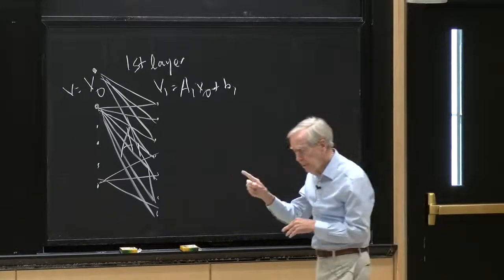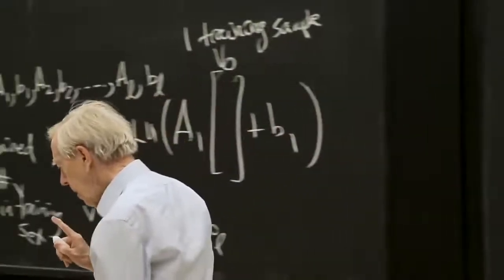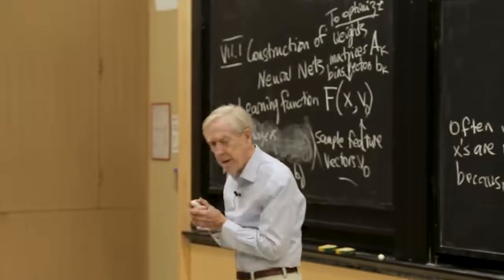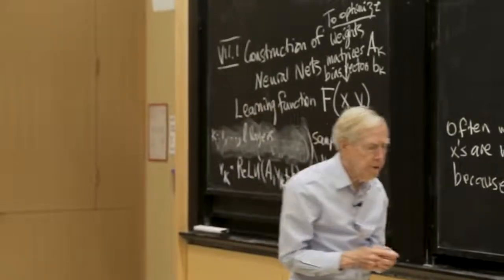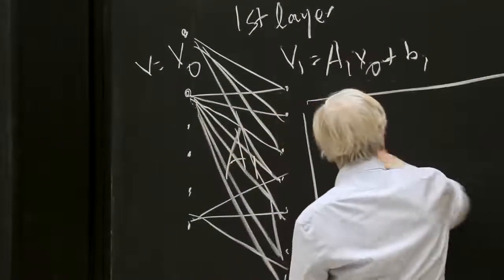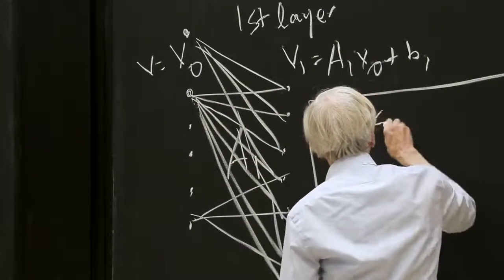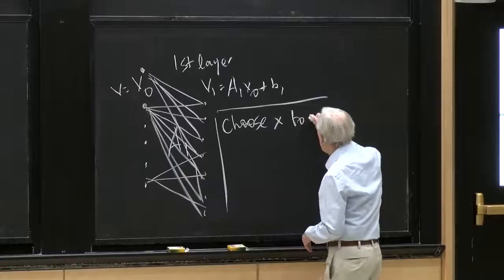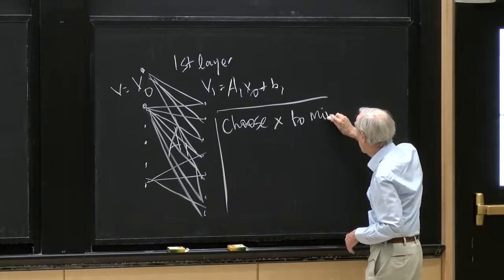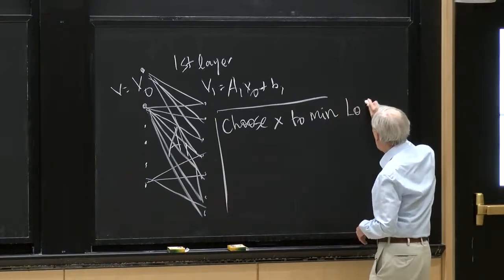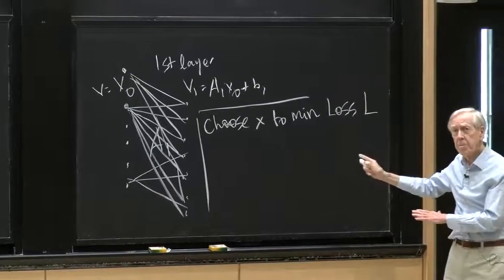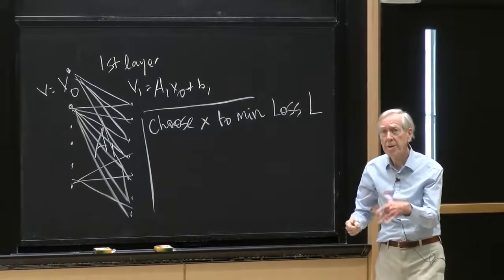Now I haven't yet put into the picture the loss function. So that's the function that you want to minimize. So what is the loss function? So we're choosing x, that's all the a's and b's, to minimize the loss function L. Okay. So it's this part that Professor Schra's lecture was about.